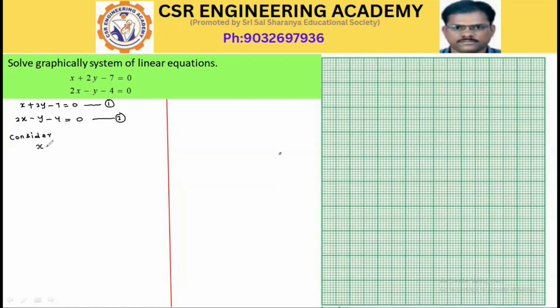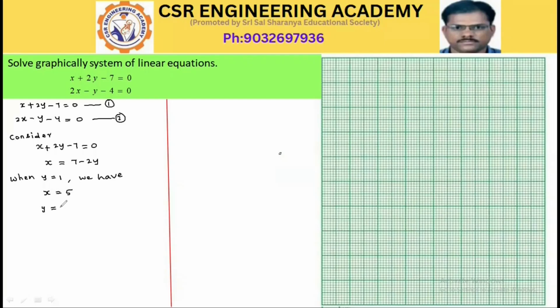Consider equation 1: x + 2y - 7 = 0. Rearranging the terms, x = 7 - 2y. When y = 1, we have x = 7 - 2 × 1 = 7 - 2 = 5.